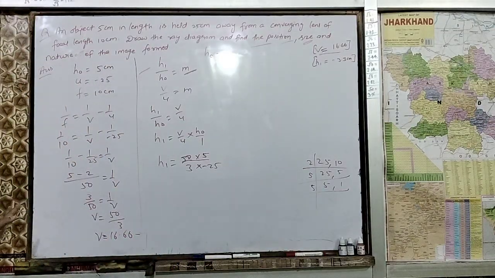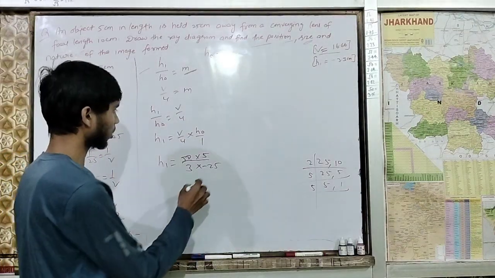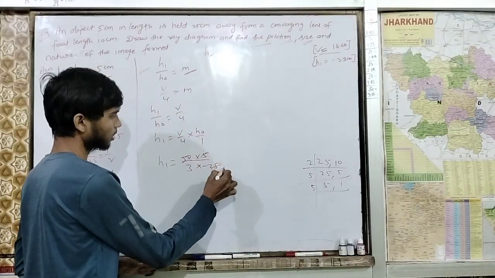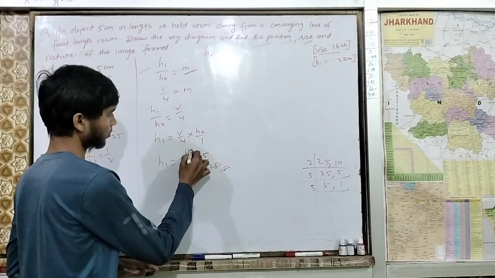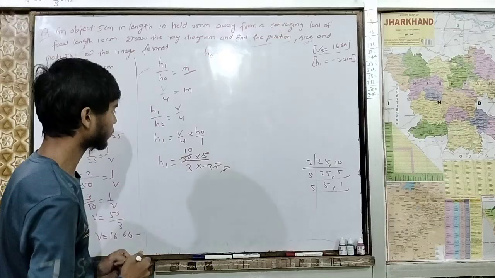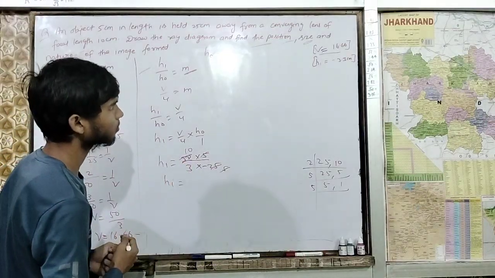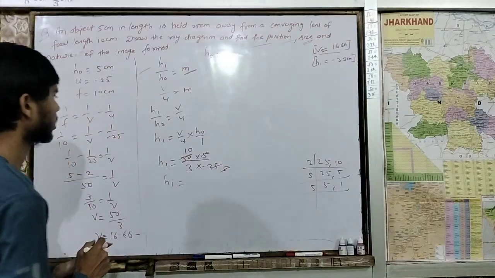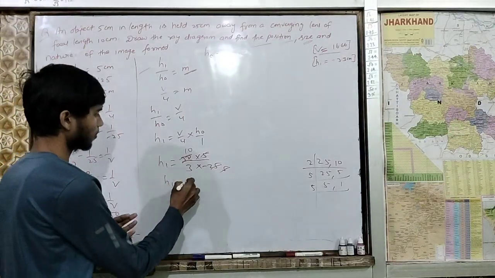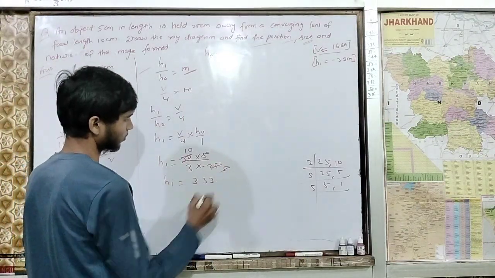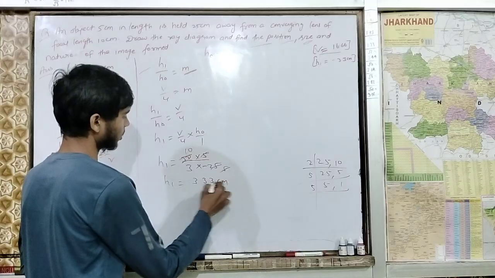Everything is fine. Now you can see 5 fives are 25 and 5 tens are 50. This minus will remain as it is. So it is nothing but minus 3.33 in centimeter.